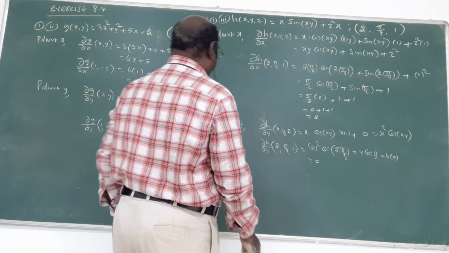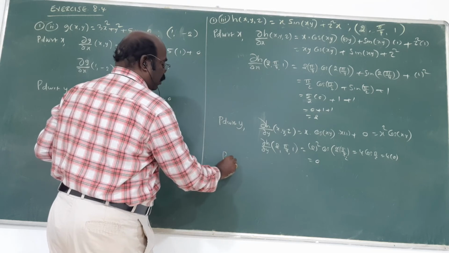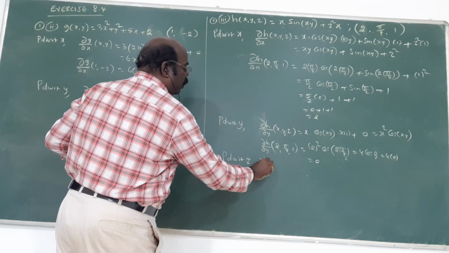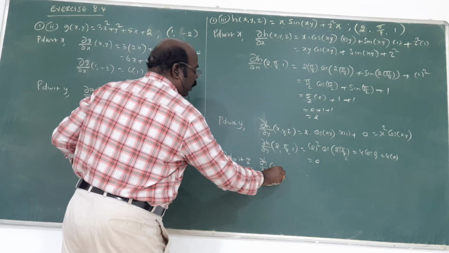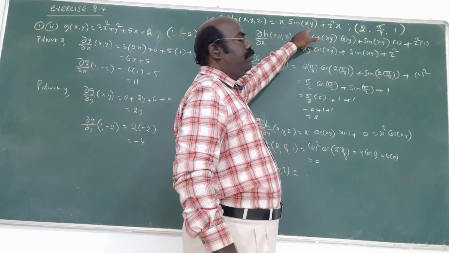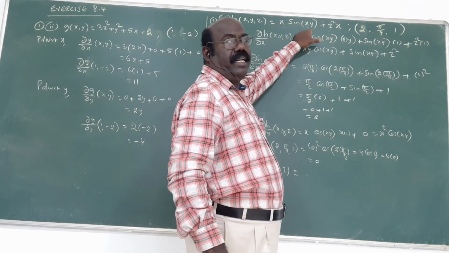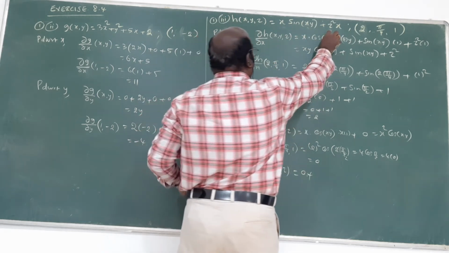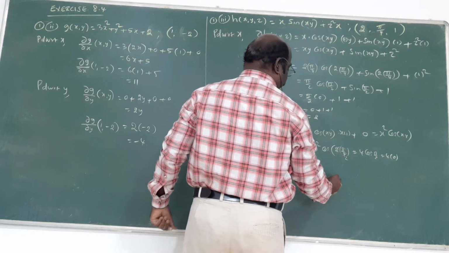Am I right? Last one, partially differentiate with respect to z. For dou h by dou z of x comma y comma z, the first has no z variable. These are all constant. Derivatives of constants are 0, plus the x is constant, right?